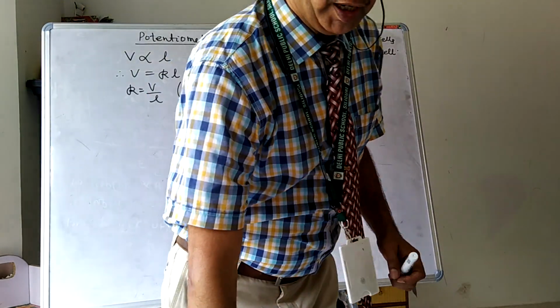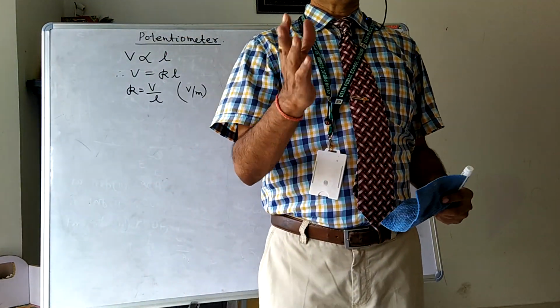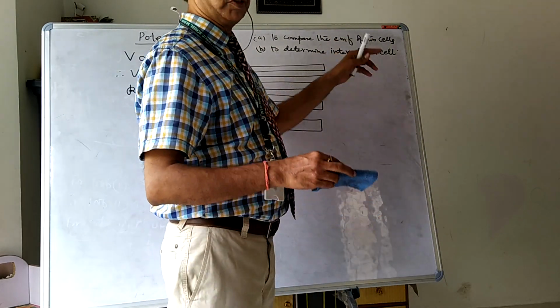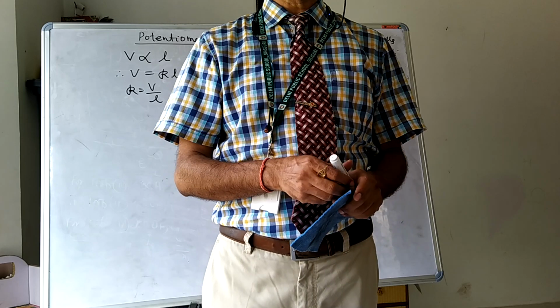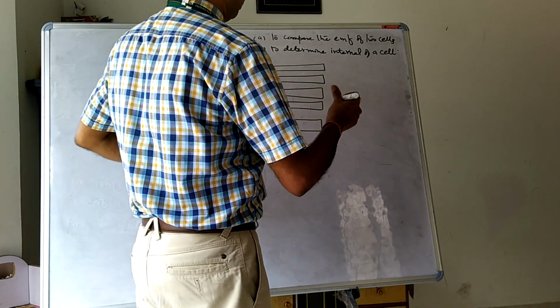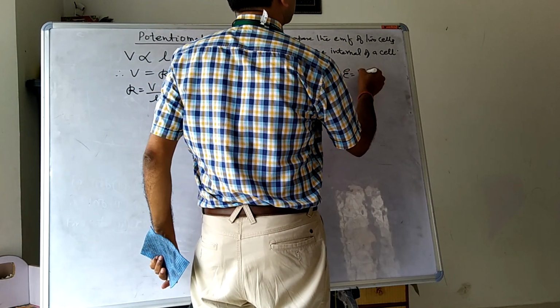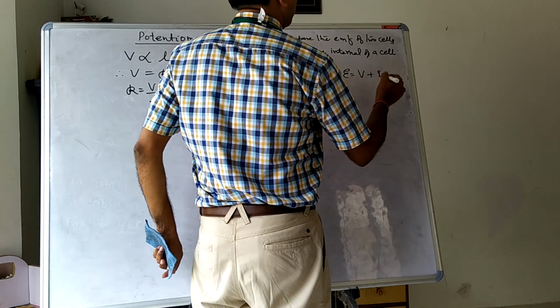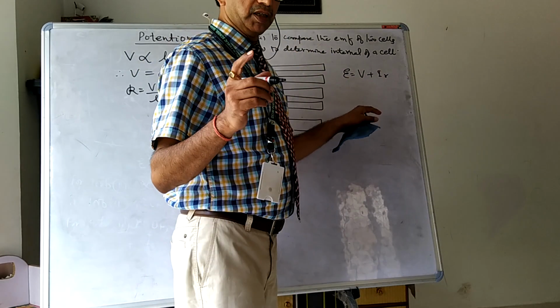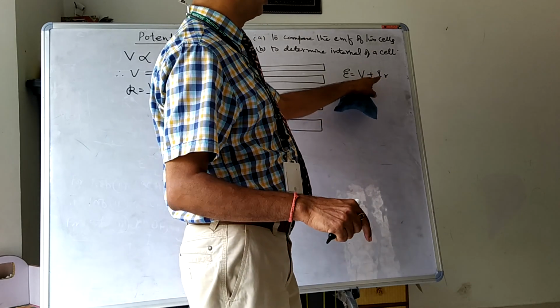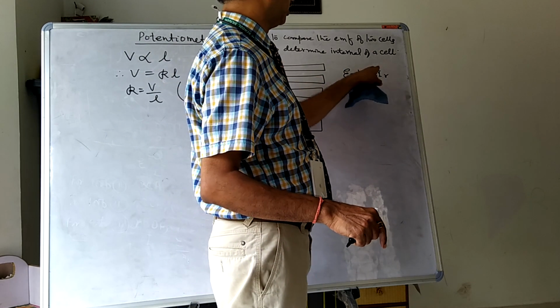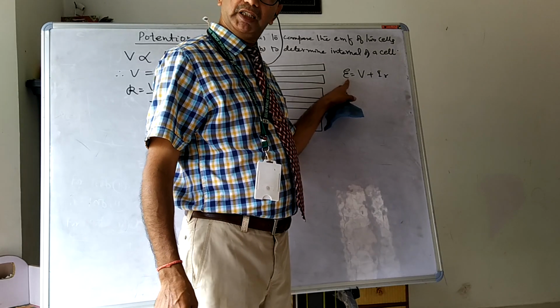Now, why do we prefer the potentiometer for calculating EMF, and not the voltmeter? The voltmeter will draw some current, and hence we do not get the value of EMF, since EMF E equals V plus Ir. When we measure through the voltmeter, we are drawing some current, so you will not get the accurate value of the EMF.